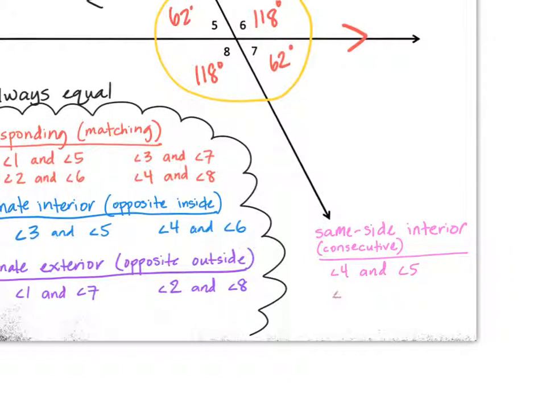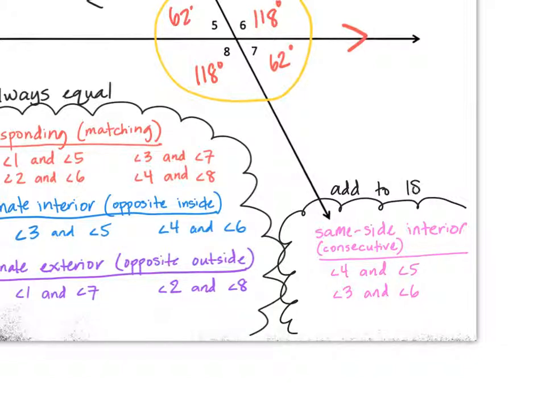We also have angle 3 and angle 6. The result that we will always get is that they always add to 180 degrees. So if we know one of the angles, we can find the other by subtracting it from 180.